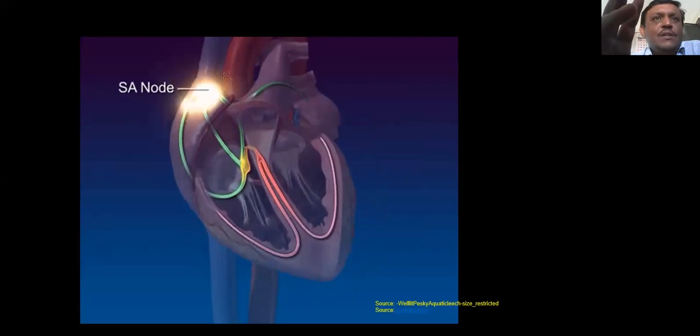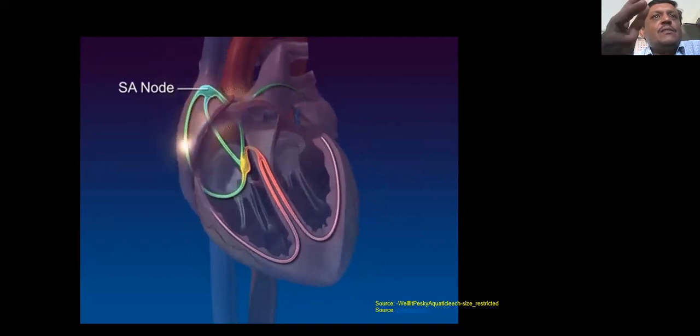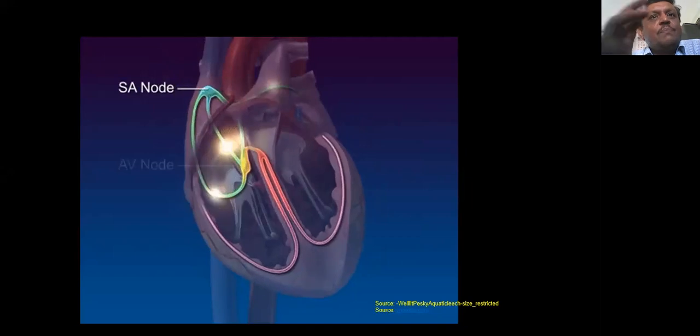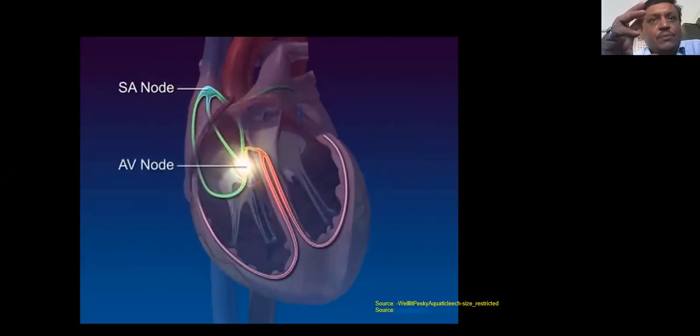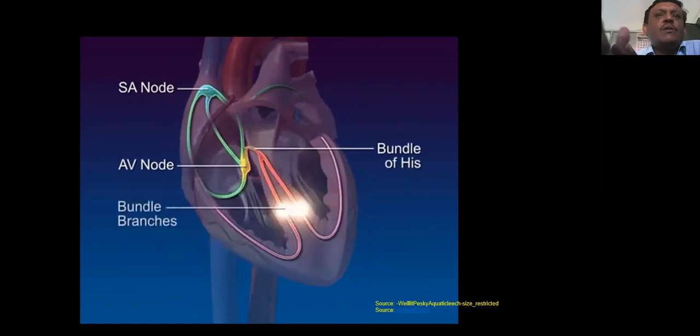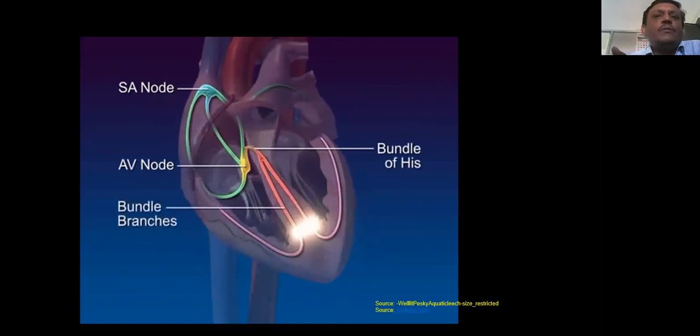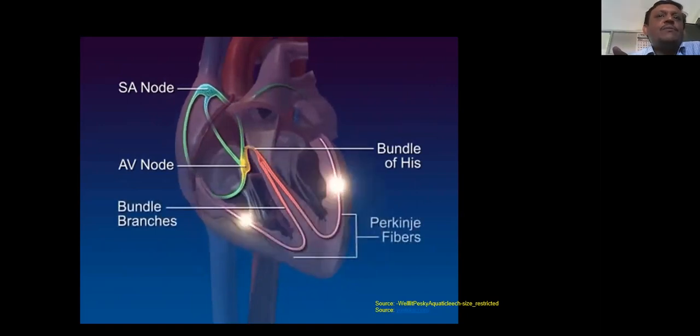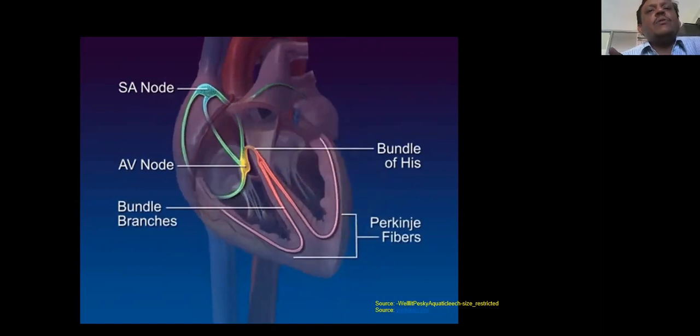So in this animation, we can clearly see the impulse of contraction is passing. Firstly, it is generated from SA node, then it passes down into AV node, then from AV node it passes into bundle of His, from bundle of His it passes down into the ventricular wall, and the contraction of ventricular wall takes place.